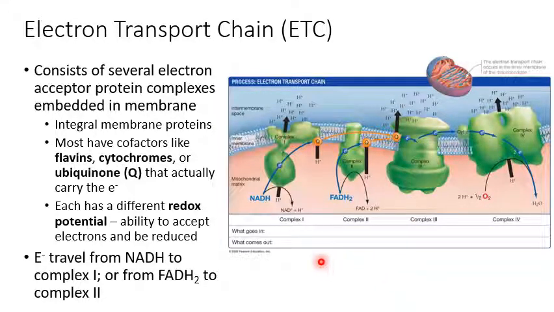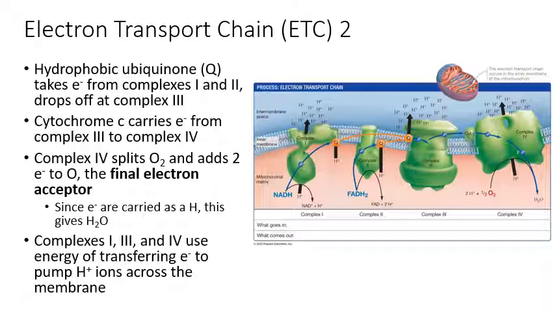Basically what that means is that when NADH drops electrons off onto the electron transport chain, those electrons will travel on the chain for longer. More of their energy is going to be used to pump protons. So you're ultimately going to pump more protons using energy from electrons that came from NADH compared to energy from electrons that came from FADH2.